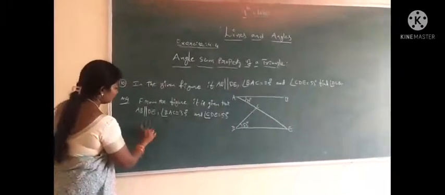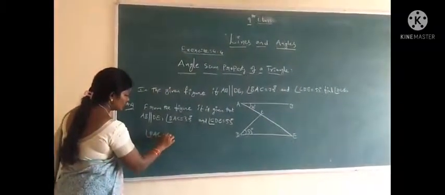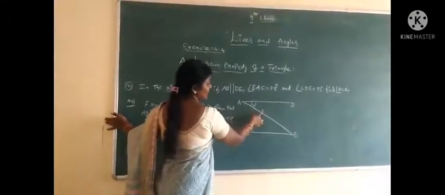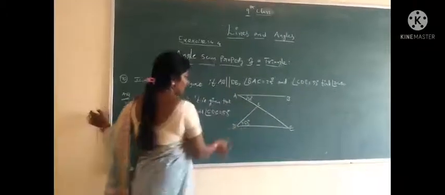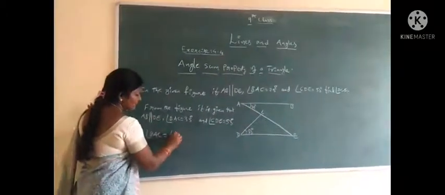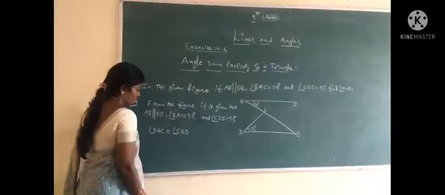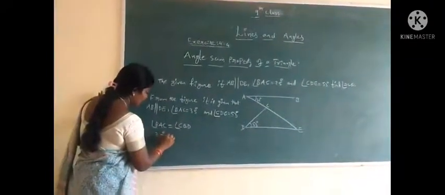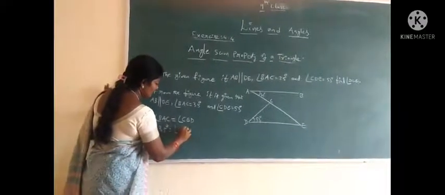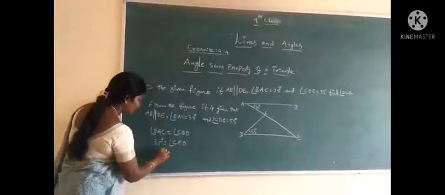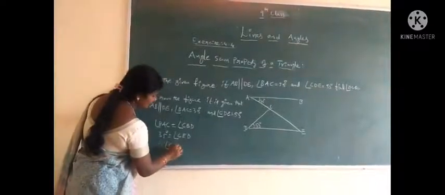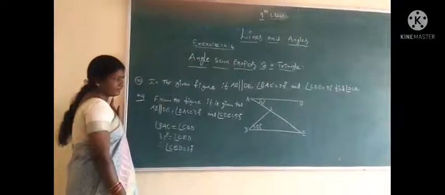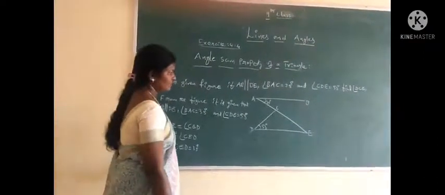So angle BAC is equal to angle CED. Angle BAC value is 35 degrees. So therefore, angle CED is equal to 35 degrees.